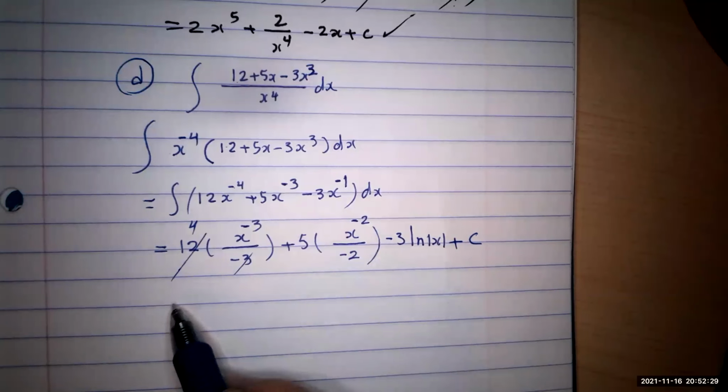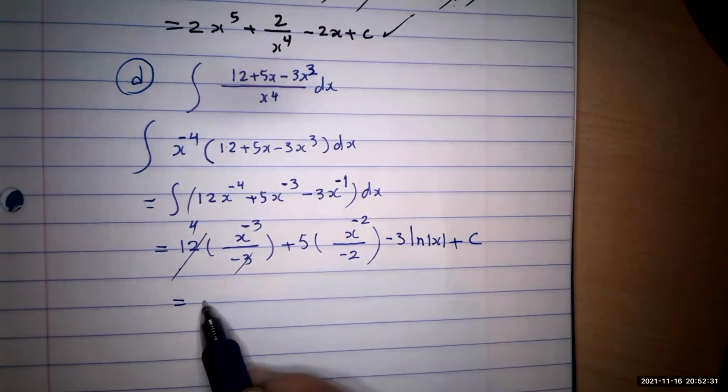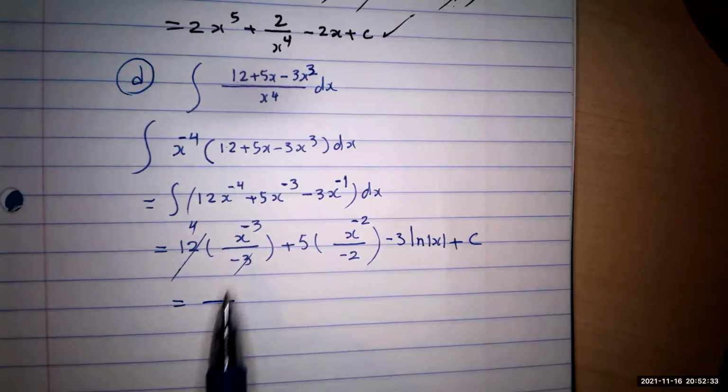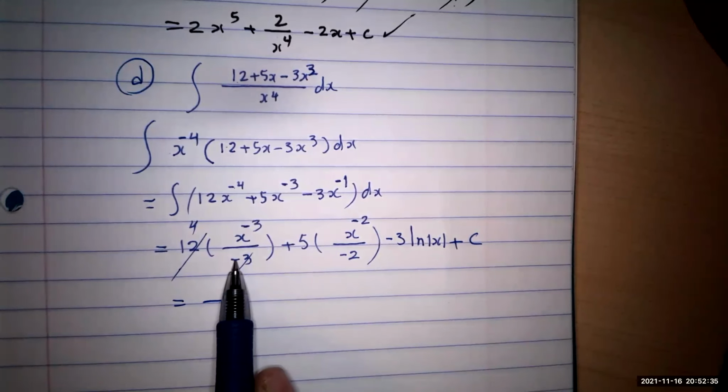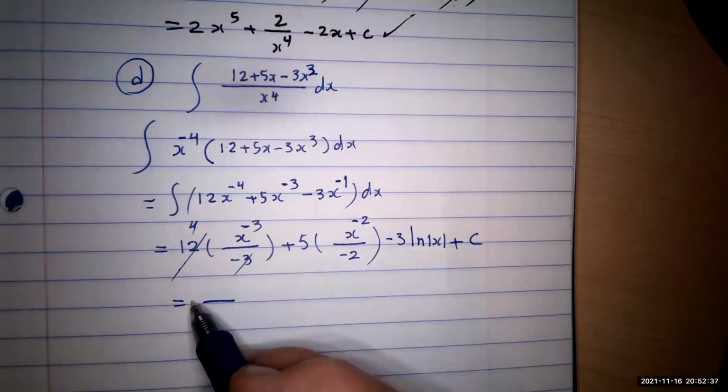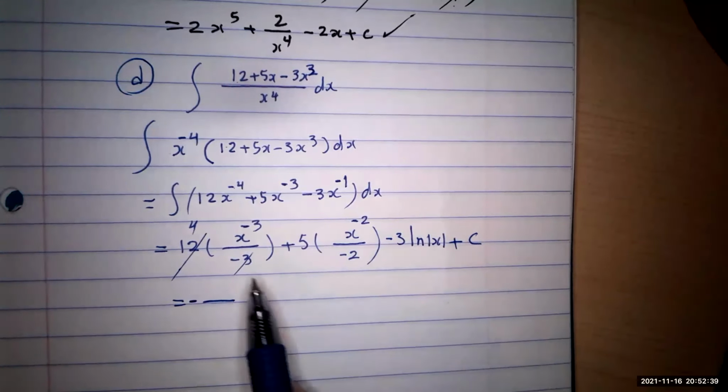So what we're going to write down is going to be a fraction. Since there is a negative sign here, the fraction would be negative. You get the 4 on the top. You bring the x to the negative 3 down, make it x cubed. You have to get back to the positive power for this number.